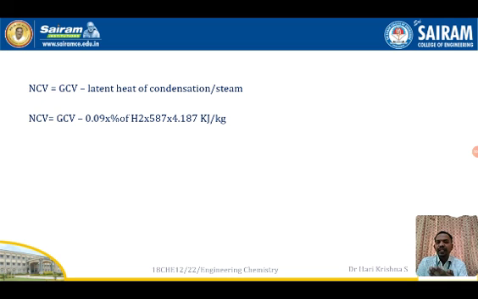We get it from the hydrogen present in the fuel. The fuel contains carbon and hydrogen. Carbon becomes carbon dioxide, hydrogen becomes water. So depending upon the percentage of hydrogen, we get water. Therefore, the percentage of hydrogen is multiplied by 587. 4.187 is the conversion factor to convert calories per gram to kilojoules per kg. By this we can calculate the NCV.